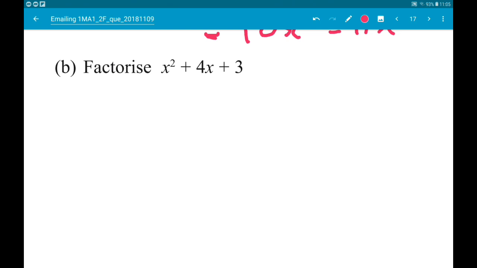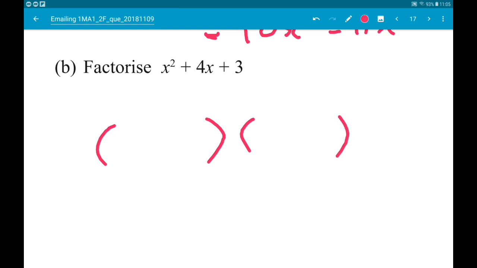Okay, then part B says to factorise x squared add 4x add 3. So that means to put back into brackets. So with a quadratic like this, and I'll put my quadratic playlist down below with all these skills, we want to have 2 pairs of brackets.